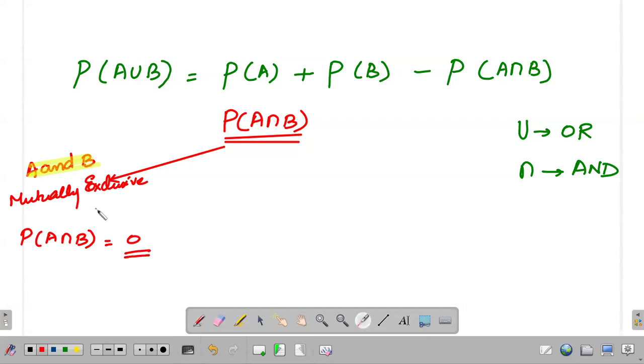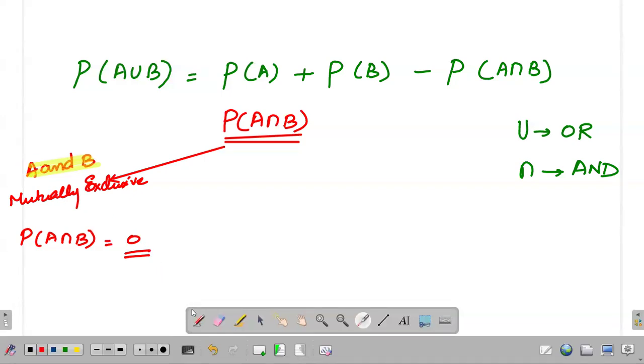Now, let me explain what mutually exclusive is. Mutually exclusive means the happening of A will prevent the happening of B, and the happening of B will prevent the happening of A.